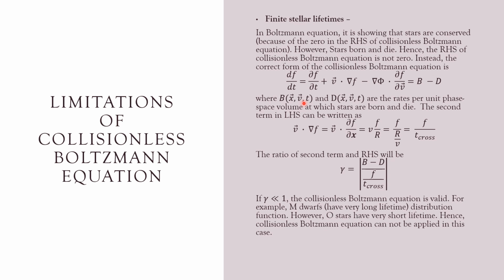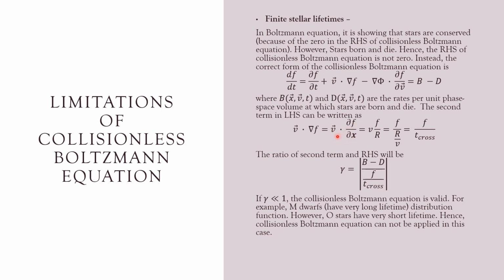Now let's delve deeper into the implication of the finite lifetimes on the collisionless Boltzmann equation. The second term on the left side can be rewritten as v vector dot del x of f.